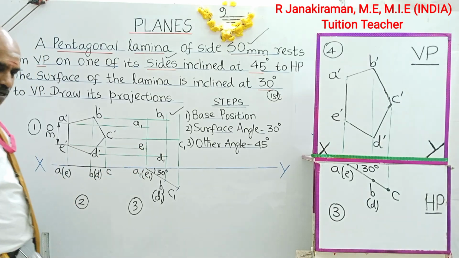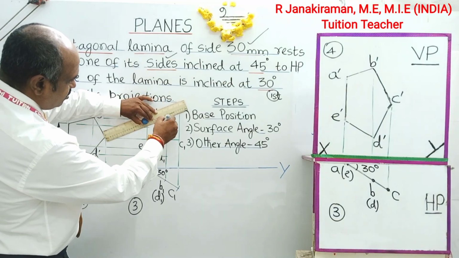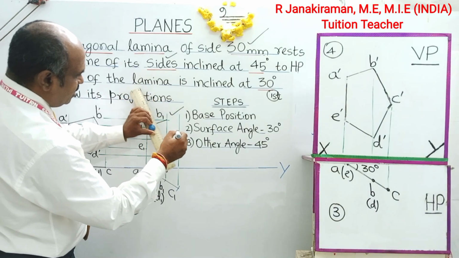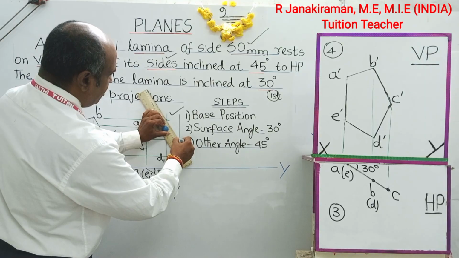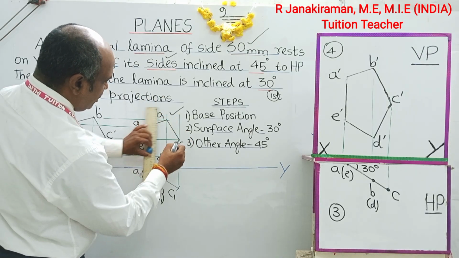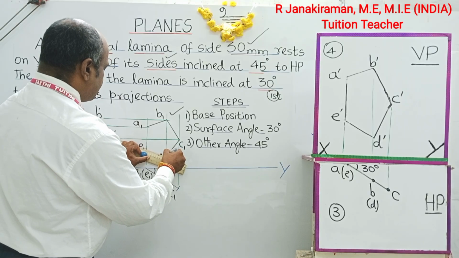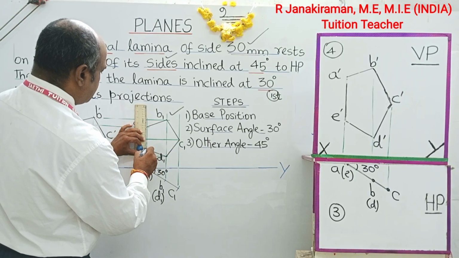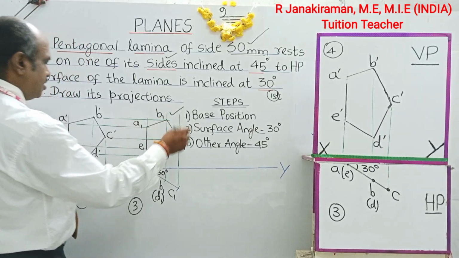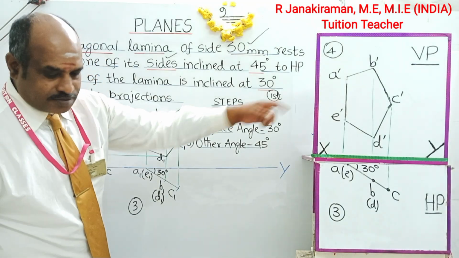Join all those marked points using a freehand scale, starting from A1, B1, using an HB pencil. As it is an object line, the lines will be visible when you reach the diagram. This is our fourth diagram completed.